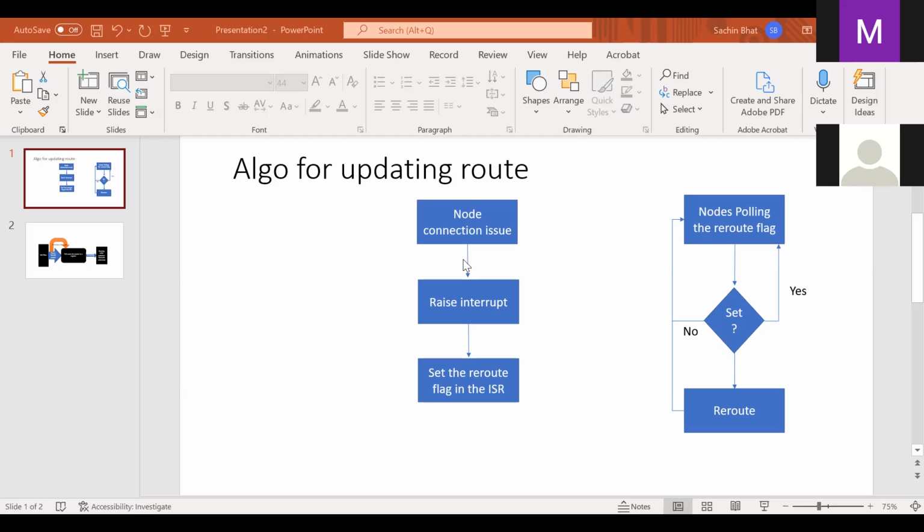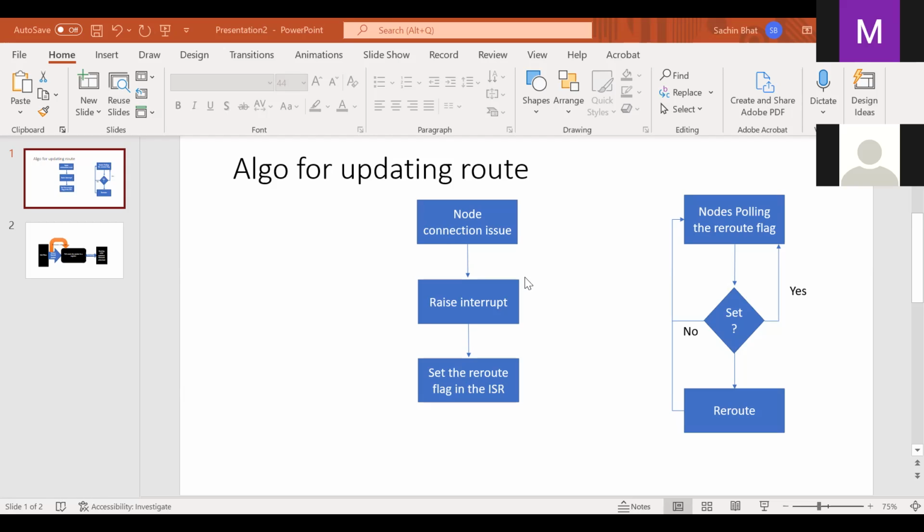So basically, whenever there is a node connection issue, we get the information from the neighboring node. In each node, whenever a particular node connection issue is detected, the software receives the signal from the hardware through an interrupt, where in the interrupt service routine, we'll be enabling a reroute flag.